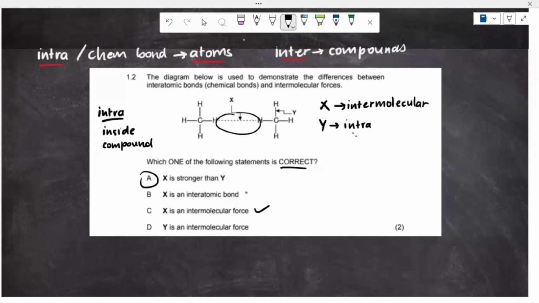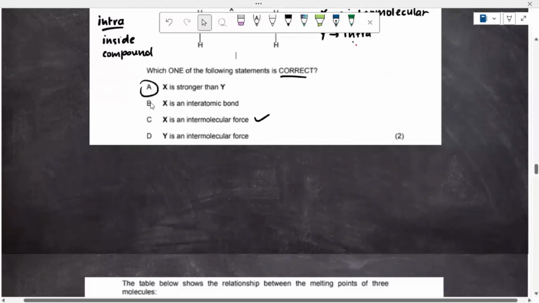So your bonds between your atoms are a lot stronger than the bonds between compounds. Okay, cool. So C over there.